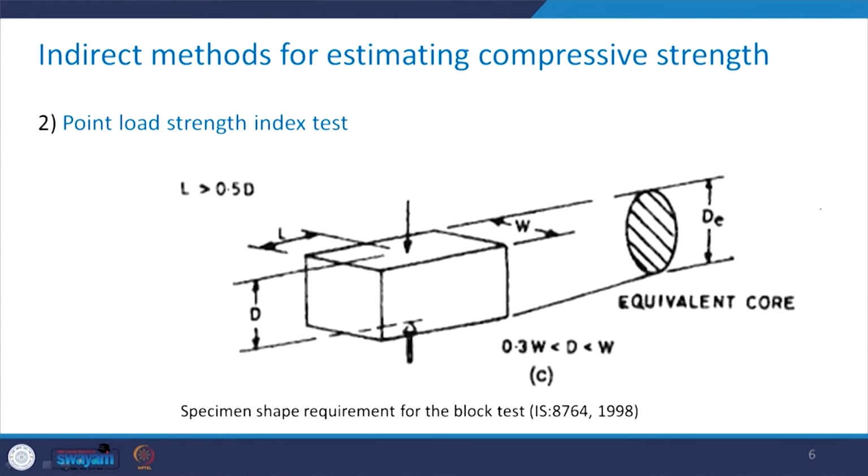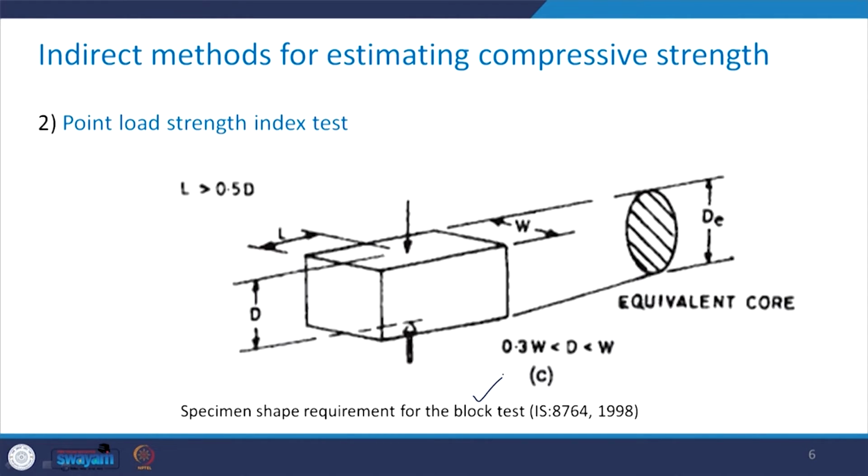Similarly, in case you have a block kind of specimen, so this is the block test. In that case, you see that this figure gives us the idea of what the shape requirement should be.